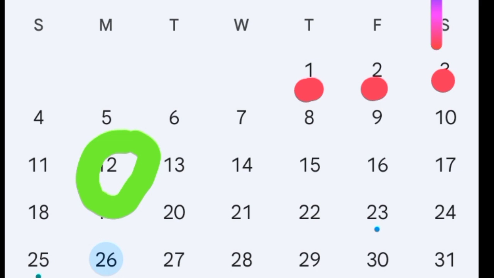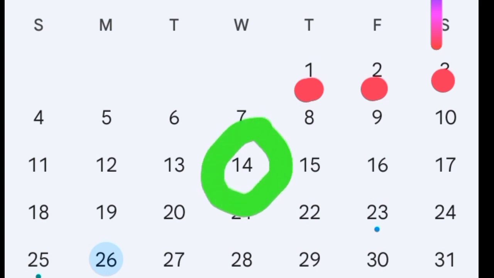Let's take another date. Let's take the popular one, 28-day cycle. For a 28-day cycle, we're expected to ovulate on the 14th. If we subtract 14 from here, we're going to have 14. So we are saying that whenever your ovulation comes, you have 14 days, your next menses will come. So when are we expecting your next menses?